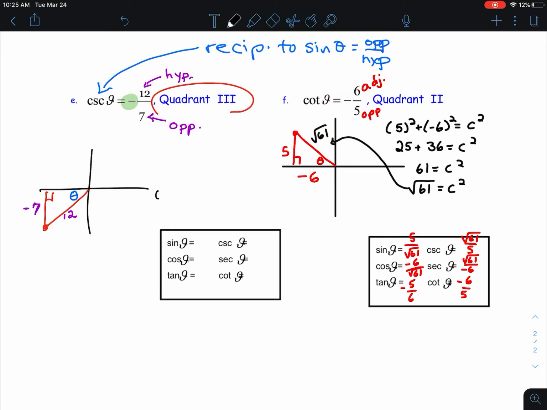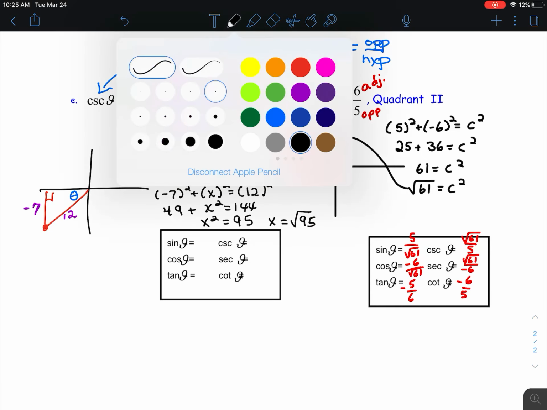Okay, so I'm going to do the Pythagorean theorem. I'm finding a missing leg. Okay, so when we square these numbers off here and we work this out to try to solve this for x, it looks like initially we get the square root of 95.